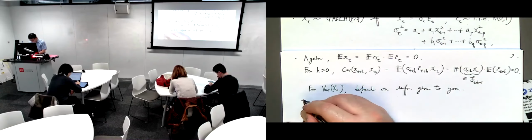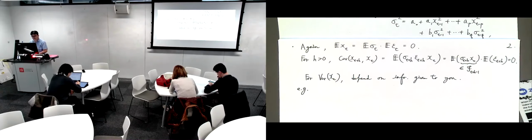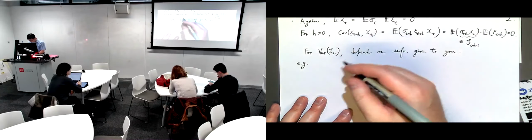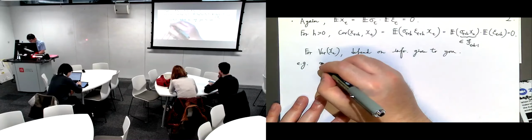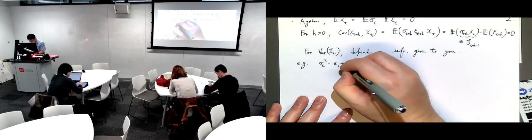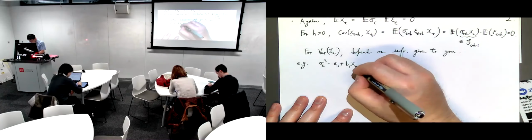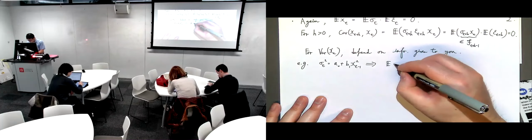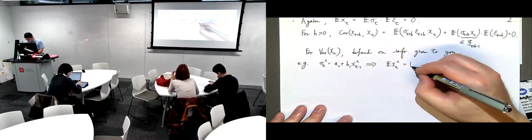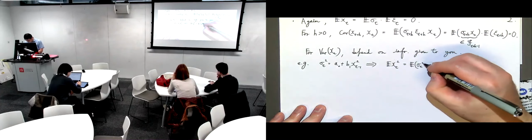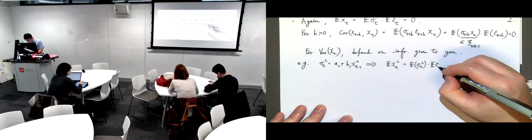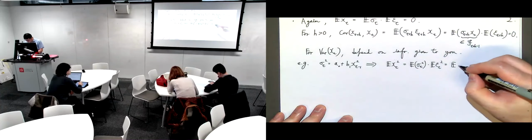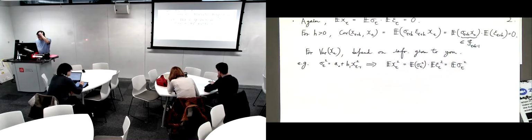It's basically the same, so let me give you a very quick example. If we go back to ARCH(1), then the expectation of x_t squared, remember, is the expectation of sigma_t squared multiplied with the expectation of epsilon_t squared, which is the expectation of sigma_t squared.